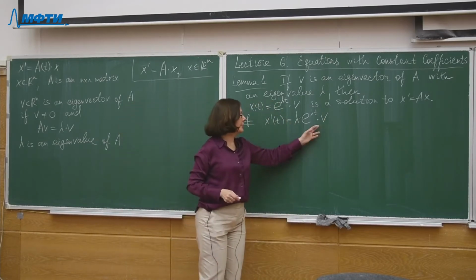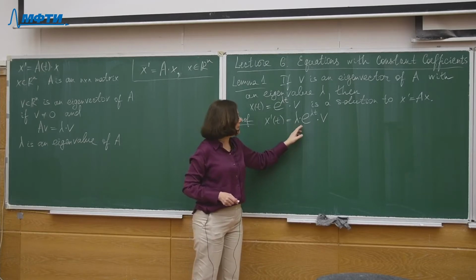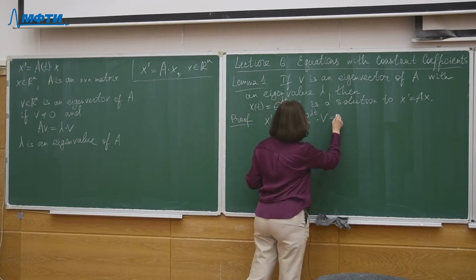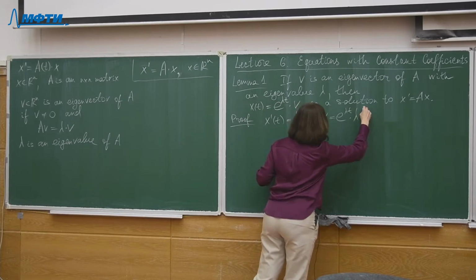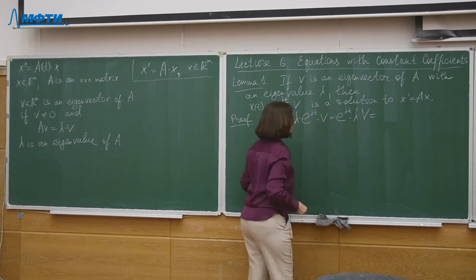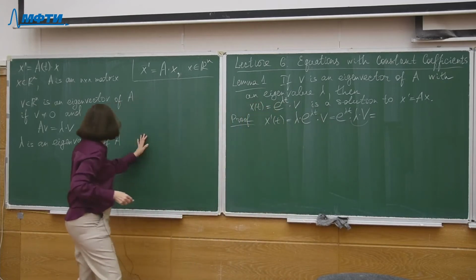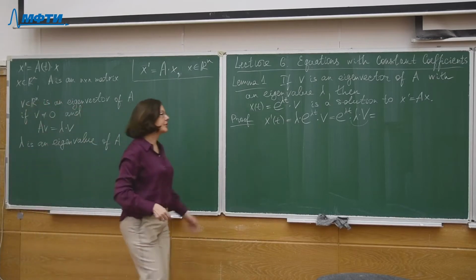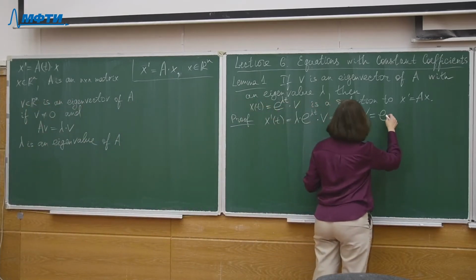The vector v is multiplied by this constant, and we can switch the positions of these two coefficients: e to the power lambda t times lambda times v. Then, by definition of an eigenvector, lambda v is equal to Av. So we can replace lambda v by Av, and it will be equal to e to the power lambda t times Av.